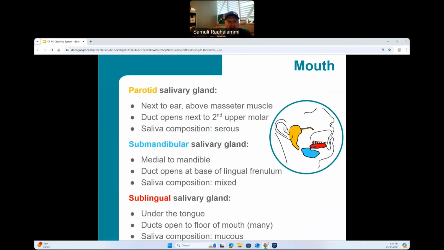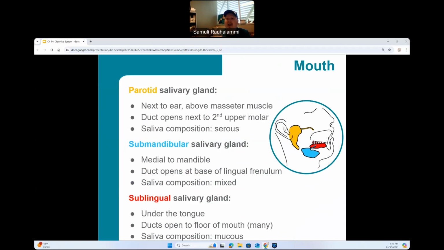Let's look next at our submandibular salivary gland. The submandibular salivary gland is located medially to the mandible, at the jawbone, and it has ducts that open on both sides next to the base of the lingual frenulum, that connective band that we just looked at.